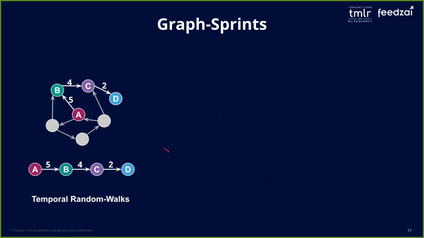So instead of doing the random walks, in a previous paper, we proposed Graph Sprints to approximate random walks in a way similar to a moving average. Given an example graph, and since the graph is being built over time, unfolding one walk can be seen as a time series.